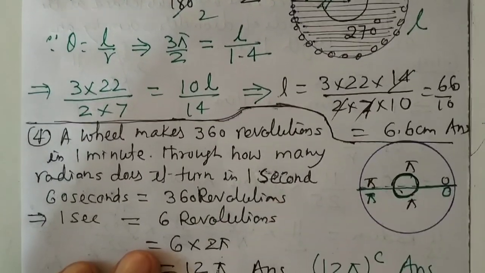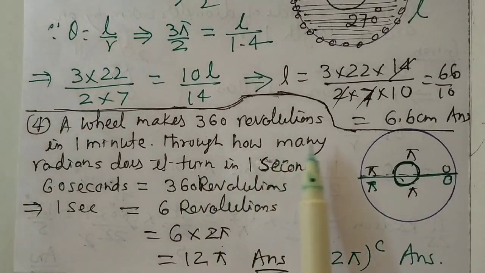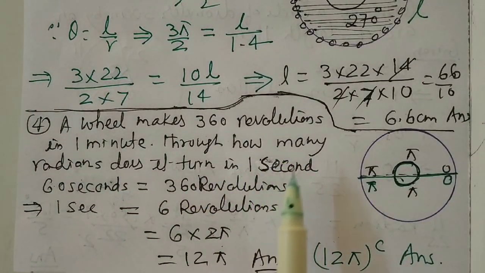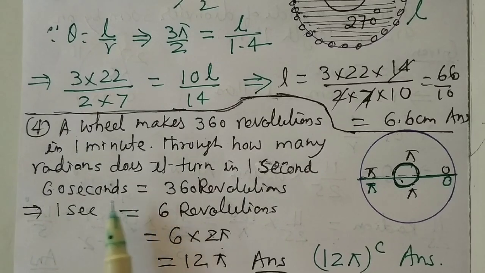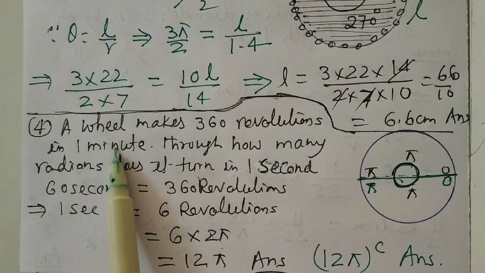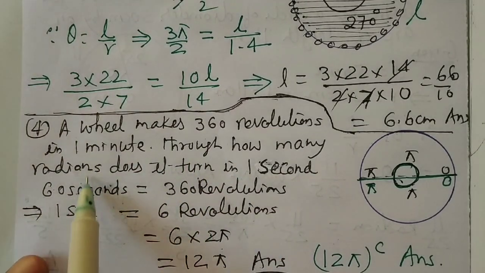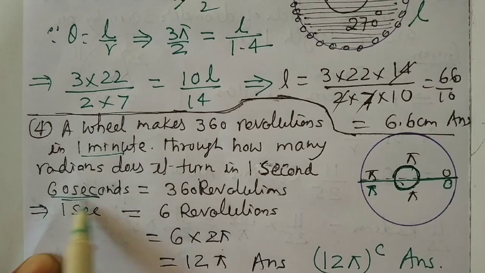Now fourth question: the wheel makes 360 revolutions in 1 minute. Through how many radian does it turn in 1 second? We know 1 minute means 60 seconds. So 60 seconds is equal to 360 revolutions.